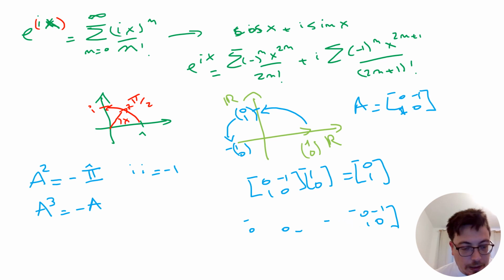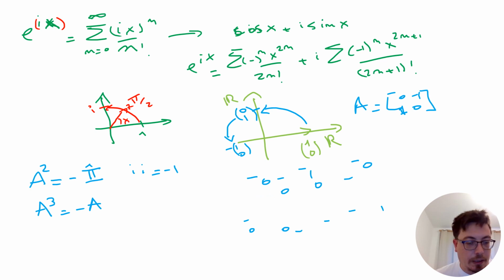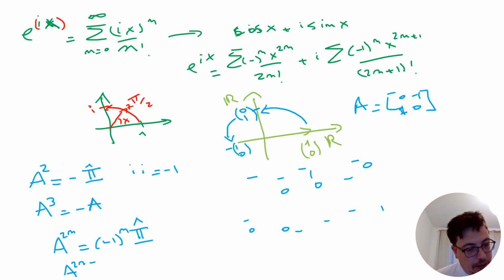From these two simple facts, we can easily check that if we apply an even number of times A, we get (-1)^n times the identity, and if we apply an odd number of times A, we get (-1)^n times A. This is very much like what we did here, right? with the odd and even powers.